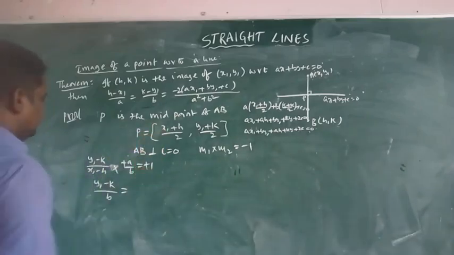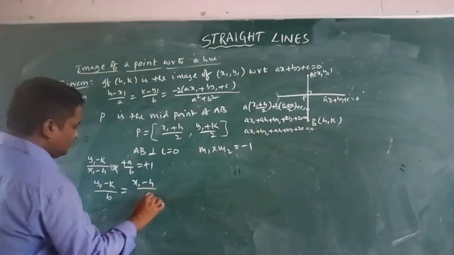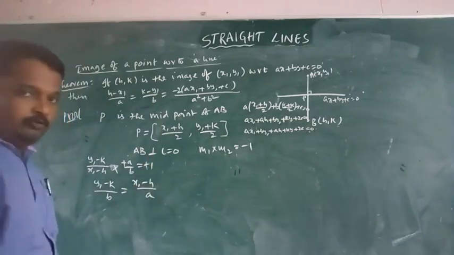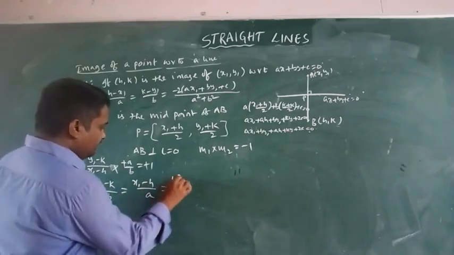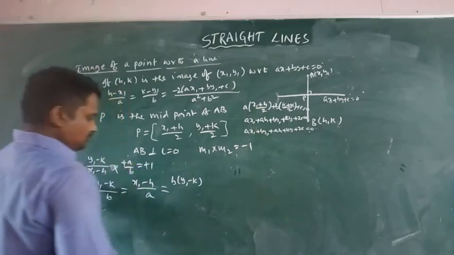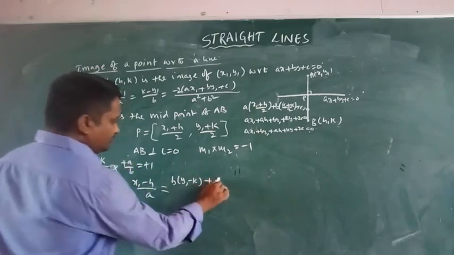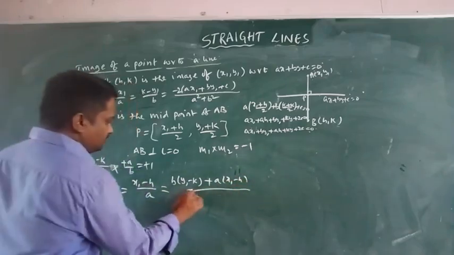So this fraction, how can we write? (x1 minus h)/a. So previously we know that ratio and proportion theorem. So we may write (b times (y1 minus k) plus a times (x1 minus h))/(b square plus a square).